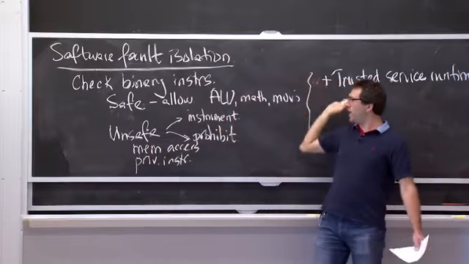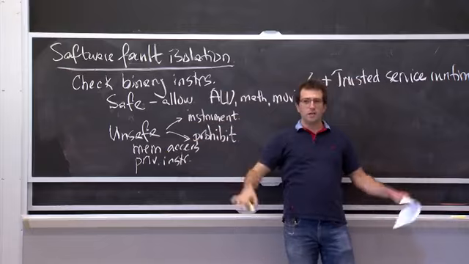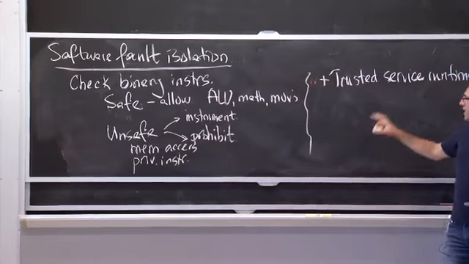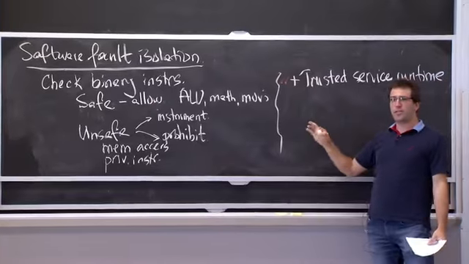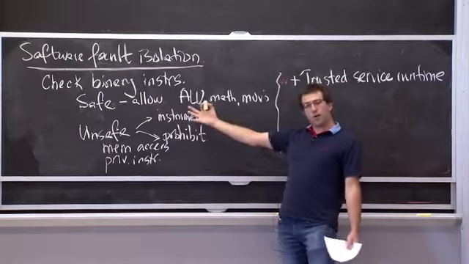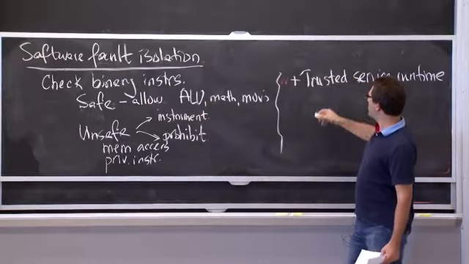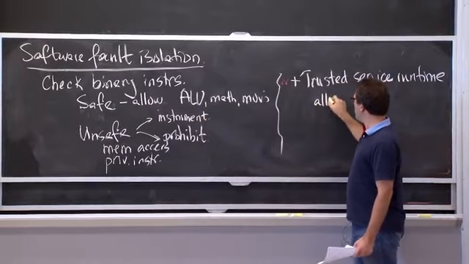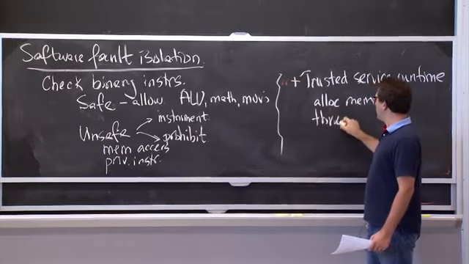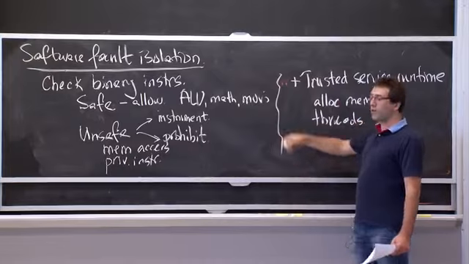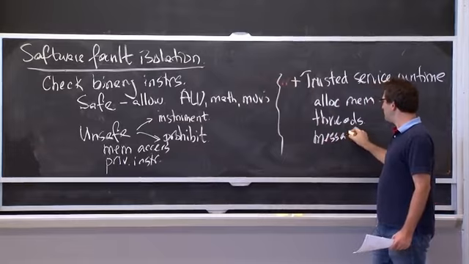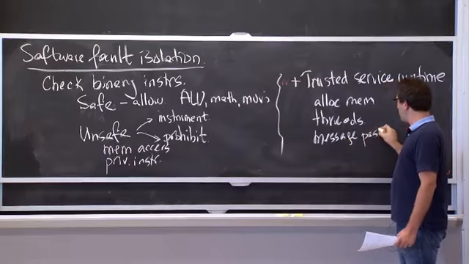So the trusted runtime could actually do all these potentially unsafe things. But this trusted runtime is written by Google, so hopefully they get it right. And it's going to implement all the functions that Google's native client team believes are OK to allow for these modules. So these are going to be things like maybe allocating memory, maybe creating a thread, maybe communicating with the browser, as we saw, so some sort of a message passing system, etc.